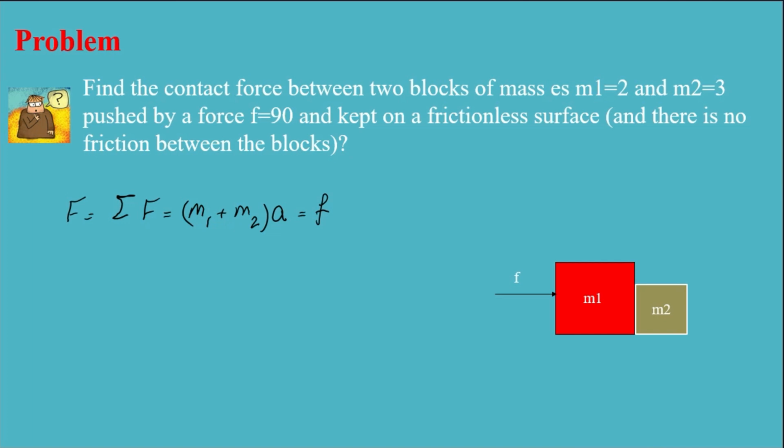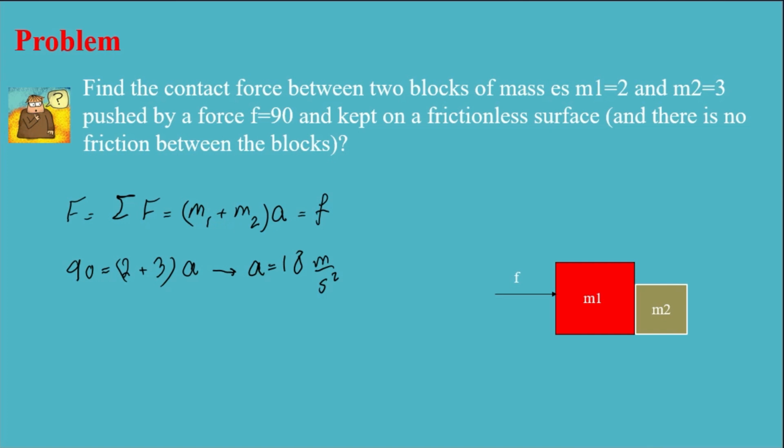Then if I substitute the values, F is equal to 90, m1 is 2 and m2 is 3, times a, right? Then my a here is equal to 18 meters per second squared, right?